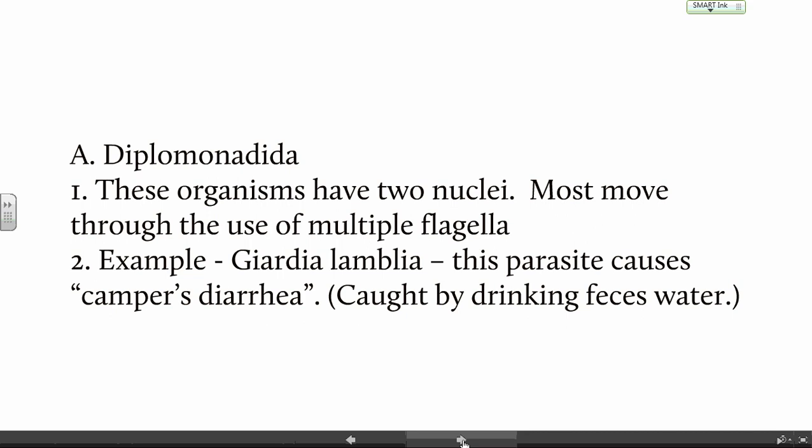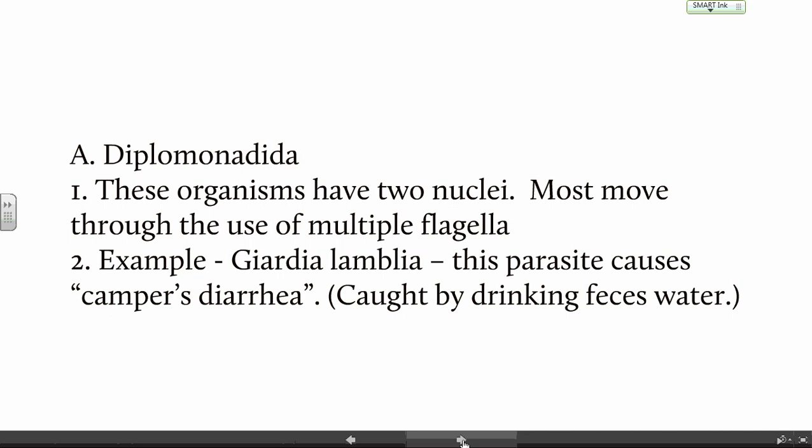Giardia is one of the most famous ones. And notice it says it's caught by drinking feces water. Yeah, pretty much any mammal at least. That water looks pure, but just off the stream, probably what was drinking out of that water? Maybe a bear, maybe a coyote. And while they're around the stream, what do they tend to do? They do their business, which might mean pooping.